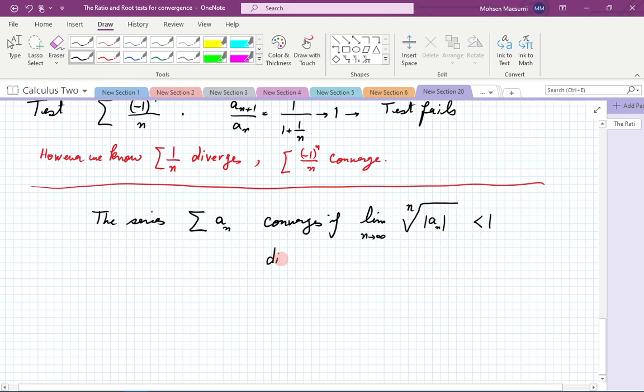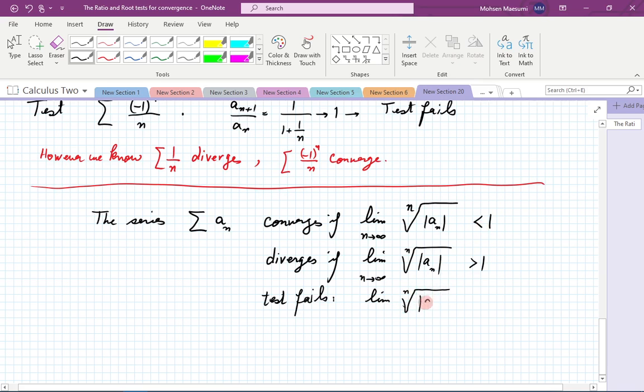It diverges if the same limit becomes larger than 1. And again, the test fails. What do you think? When does the test fail? Well, you have learned by now. If this becomes exactly 1, then it's our unlucky day. We don't get anything out of our testing. We have to go find some other way of handling this issue.